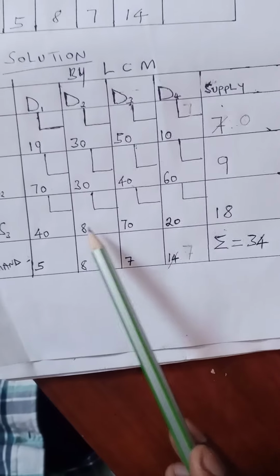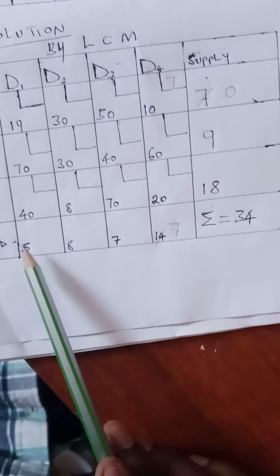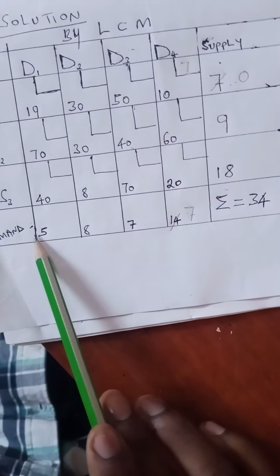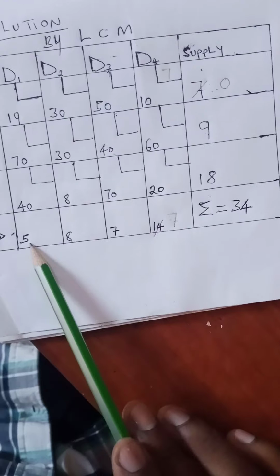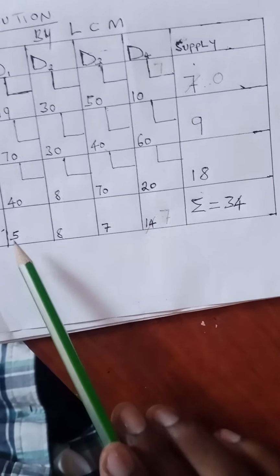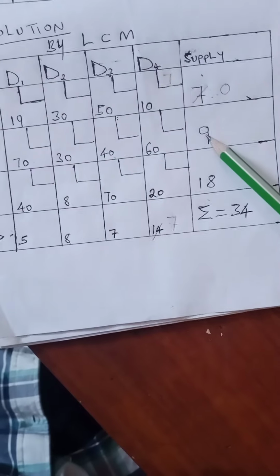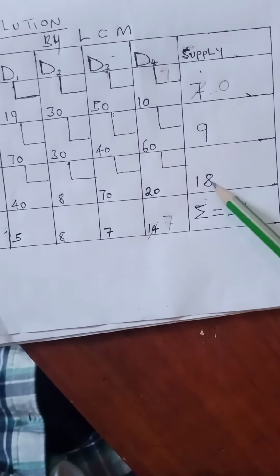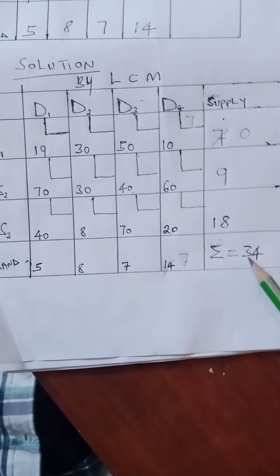Before we start working, something to remember: the sum of all demands must be equal to the sum of all supplies. As you can see, if we sum 5, 8, 7, and 14, it equals 34. And if we sum 7, 9, and 18, you will also get 34.